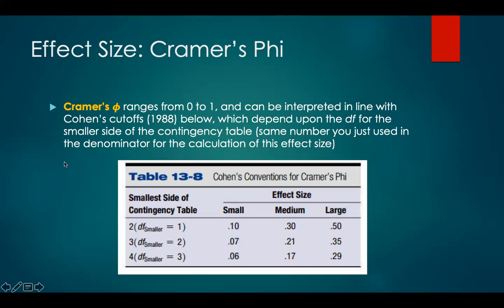And Cramer's phi ranges from 0 to 1 and can be interpreted in line with Cohen's cutoffs below, which depend upon the degrees of freedom for the smaller side of the contingency table, same number you just used in the denominator for the calculation of the effect size.